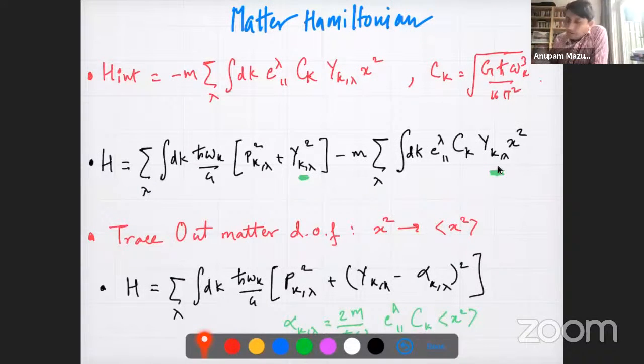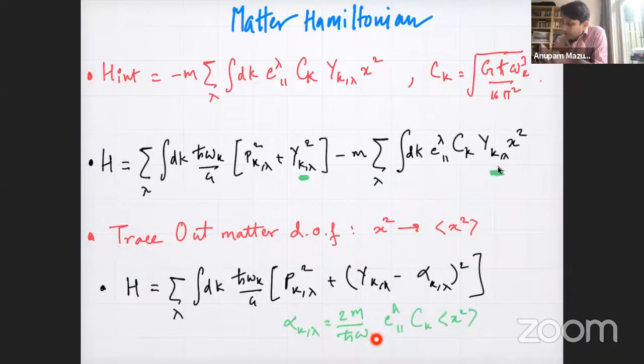Okay. Then what happens? Then what I find, a very simple observation, is that the Hamiltonian of the graviton simplifies. And not only that, this α_k is now just a constant, because mass is constant, omega is roughly some number, and this becomes your number. X squared becomes some number.